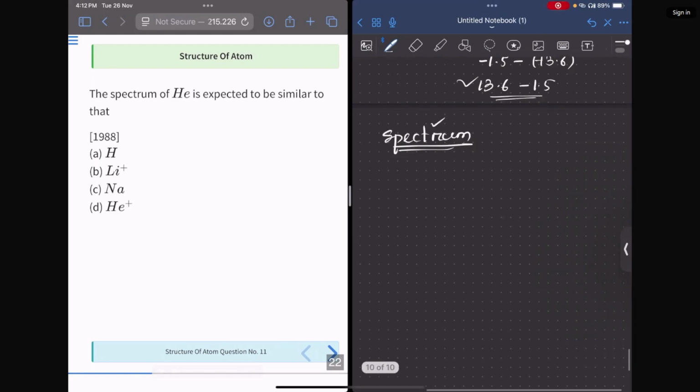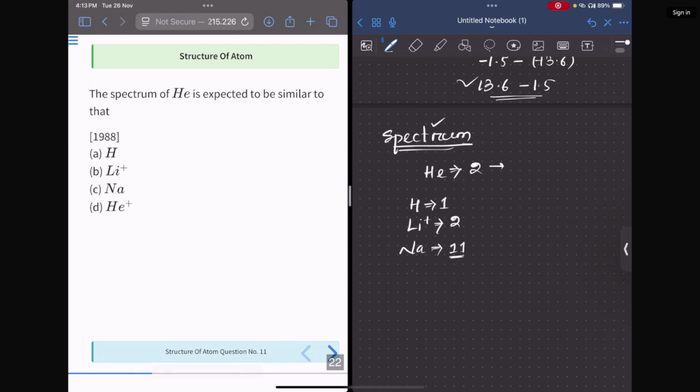Helium has two electrons, so the spectrum of helium will be similar to that of an atom that possesses two electrons. Out of these atoms or ions, which contain two electrons? Hydrogen contains one electron. Lithium plus contains two electrons. Sodium contains 11 electrons.